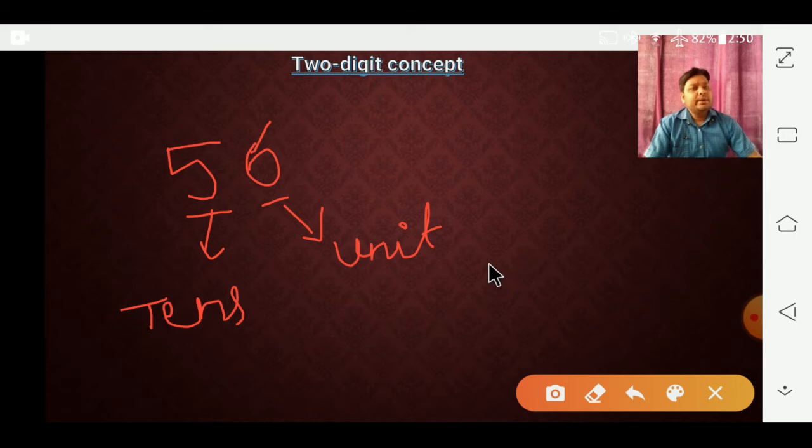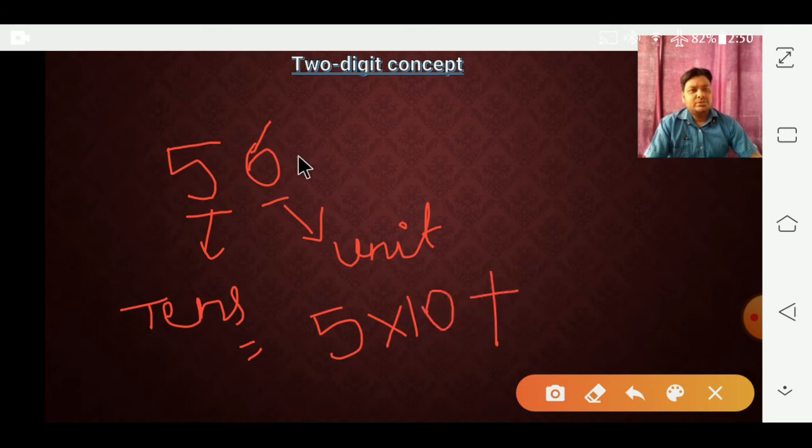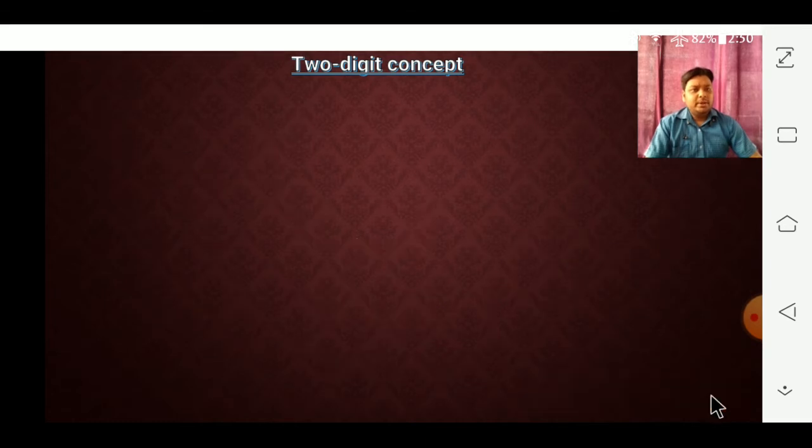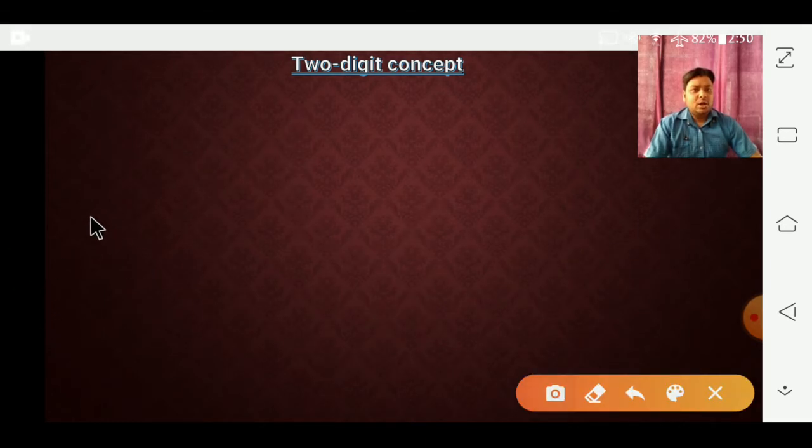Now, can we expand it? Yes. 5 is at tens, it means digit 5 will be multiplied with 10, and then a plus sign in between. Now 6 is at the unit digit, so 6 should be multiplied with 1. So the tens digit will be multiplied with 10 and the unit digit will be multiplied with 1. Simple. So we get the formula of the original number.